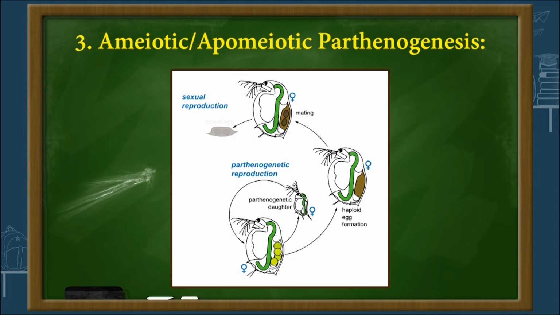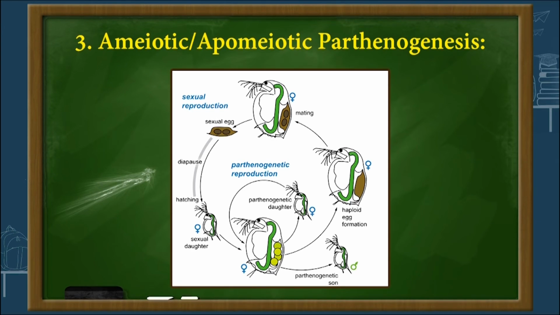Only under unfavorable conditions, that means lack of food or predators and other kinds of disturbance in the environment, a parthenogenetic son, male, will be produced, and it will have a haploid set of chromosomes. Whereas the female will have 2n number of chromosomes.